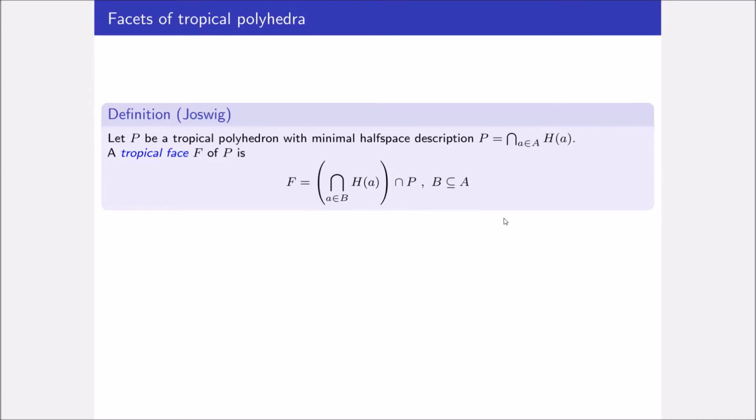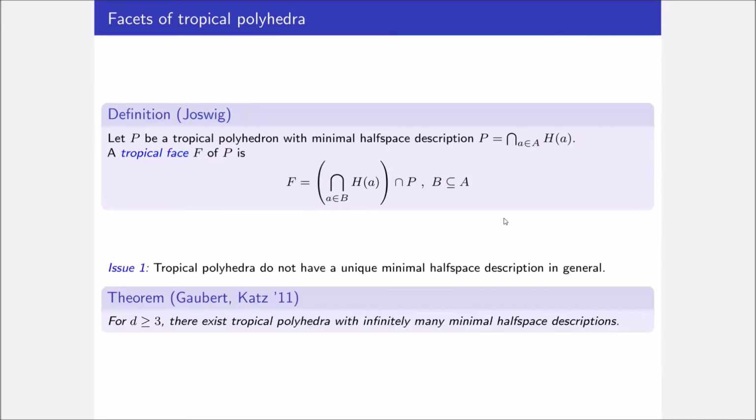So it turns out a few issues start to arise. The first is quite a big one, and that is that in general, tropical polyhedra do not have a unique minimal half-space description. This definition is based on the idea that we have some unique minimal half-space description, so these tropical faces always remain the same. But if you have lots of different minimal half-space descriptions, and you can flip between them, then there's never going to be a solid definition of what a tropical face should be.